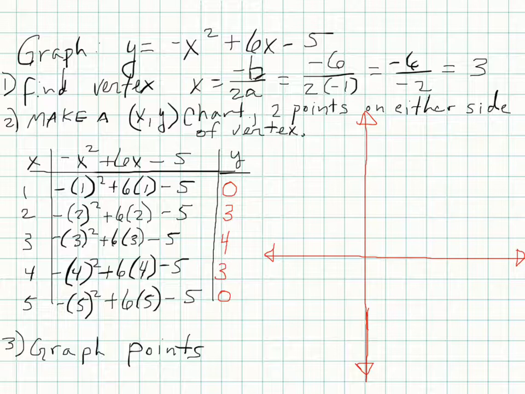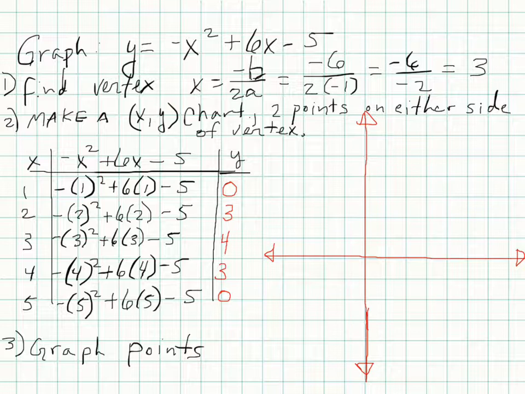Okay, so let's get a good pointer right here. What we're doing is we're going to graph y equals negative x squared plus 6x minus 5. Well, you know you could choose any x. Like I could choose 1, stick it in here, and I could get an xy point where x is 1, I could find out what y is by subbing it in here, but we're not going to do that.